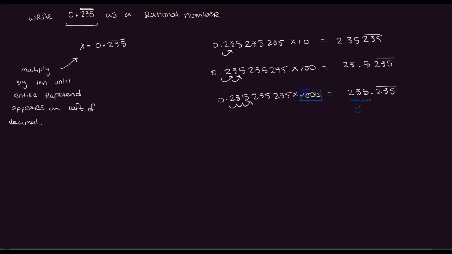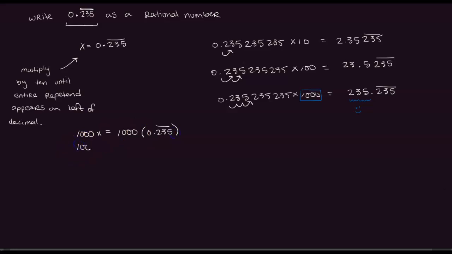We're going to multiply the entire x equals repeating decimal equation by 1,000 so that we can create our second equation. So we're going to do 1,000 times x equals 1,000 times 0.235 repeating.